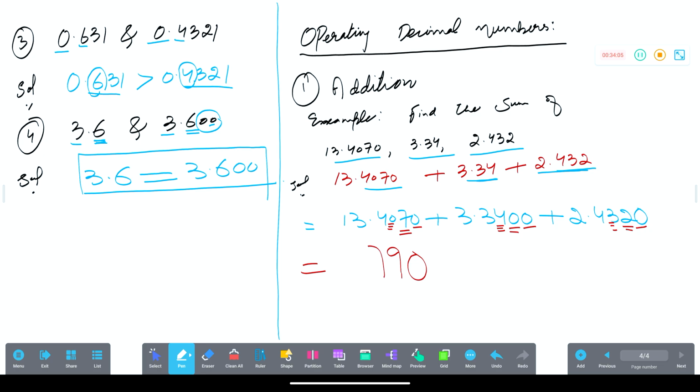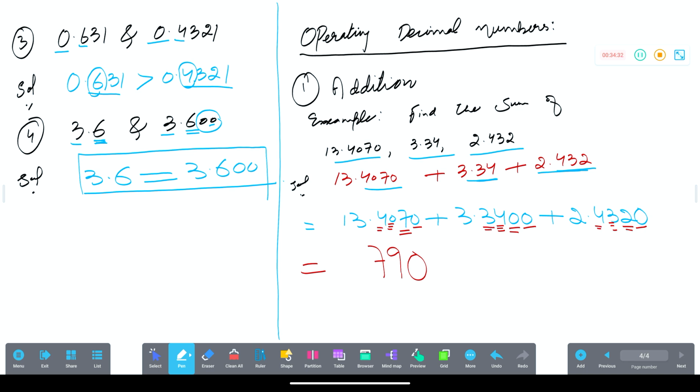You have to be very cautious regarding the digits placed over here. See, thousandths, hundredths, tenths, starting from the ten-thousandths digits. Now we have added hundredths. Now we will add tenths and tenths.